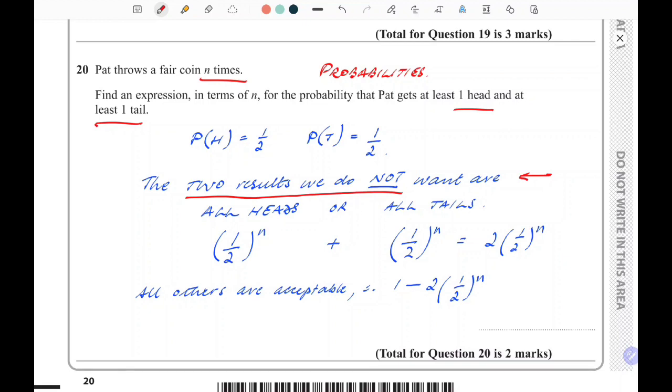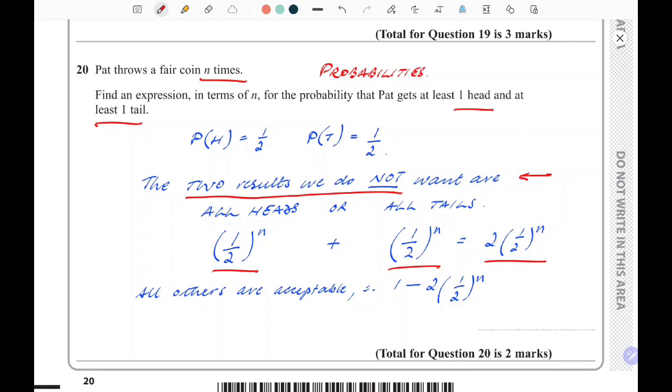So we can't have that or that. So if you had all heads, straightforward, it's a half to the power n, however many times you're tossing the coin. And then with tails, again, it's half to the power n. So adding those 2, you get 2 times half to the power n.